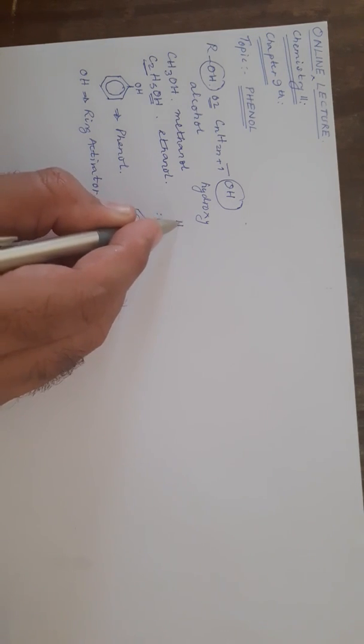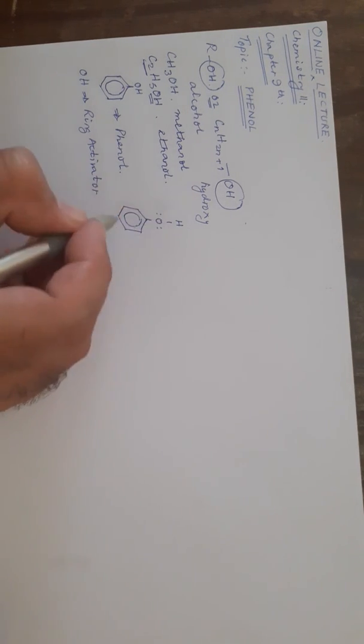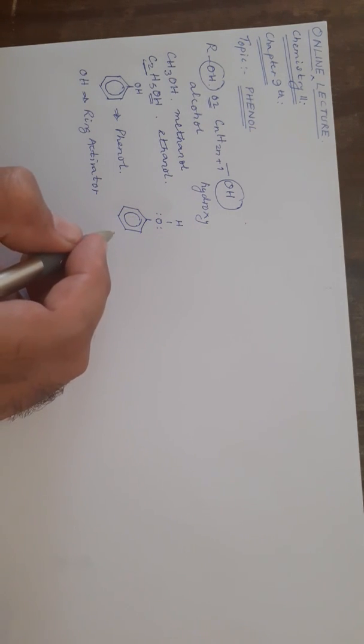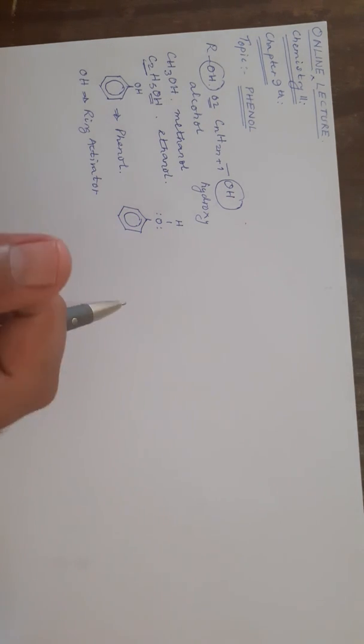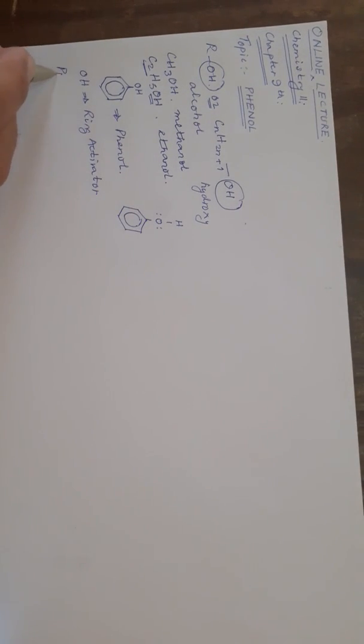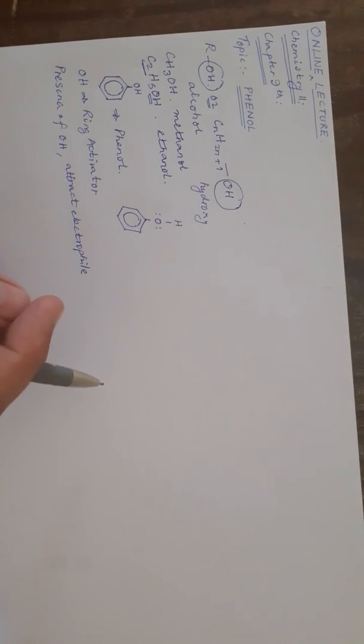So the presence of the OH group will obviously make the electron density of the benzene ring higher, and it will attract more electrophiles. This way you can get many other products from phenol.